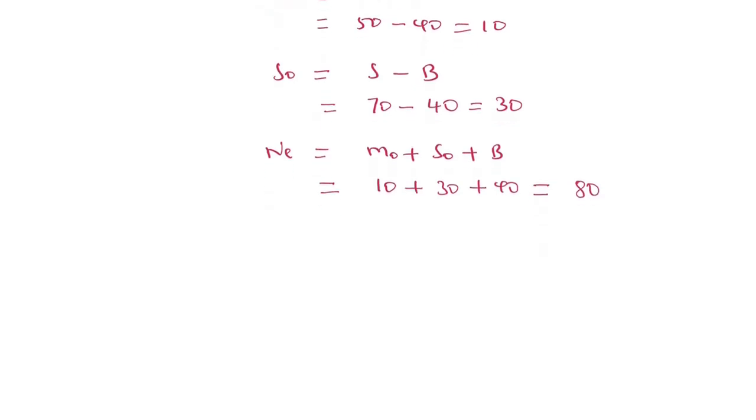Okay, so next, to find the number of students who study neither mathematics nor science, we are going to take total number of students minus number of students who study either of the subjects. So the total number of students is 150 minus 80, of which, solving this, we are having 70 students. And this is going to be our answer.